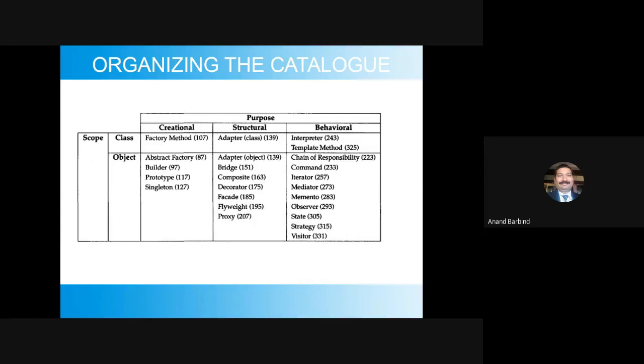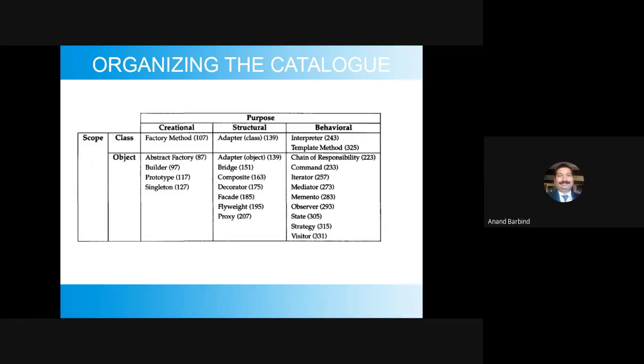In the last class, we discussed organizing the design patterns based on their purpose and their scope. The scope can be class or object. The purpose can be creational, structural, or behavioral.